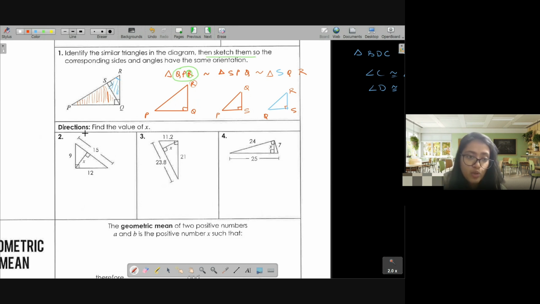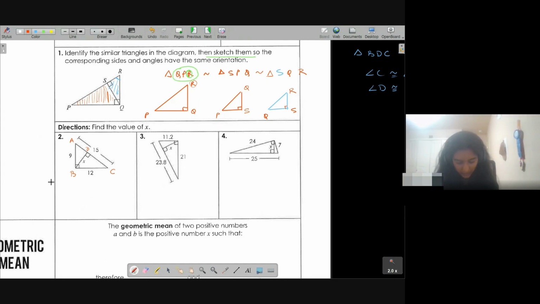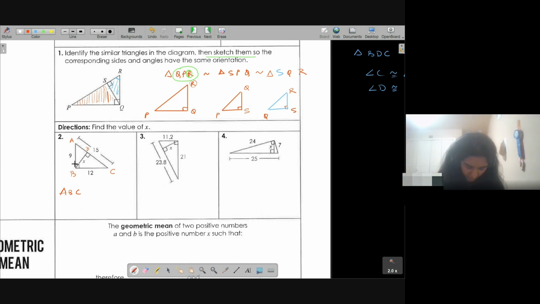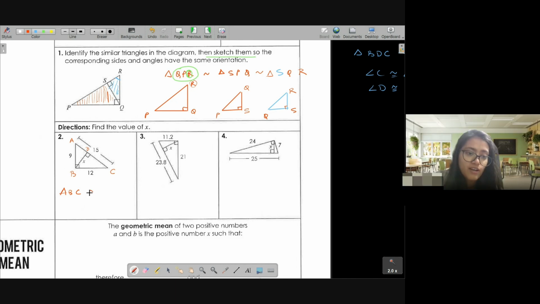For example, in number 2, I'll name this ABC and call this point D. We should take ABC, and we have to find the value of X. First identify the triangle. ABC will be similar to B is a right angle, D is a right angle, so write D in the middle, and angle C is a common angle, so C and C. ABC is similar to BDC.